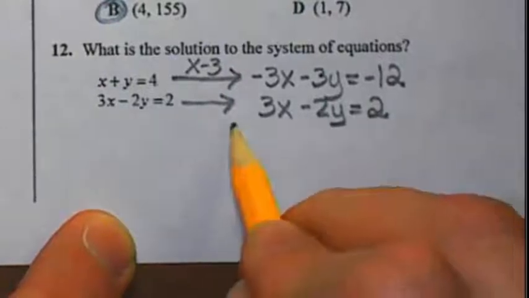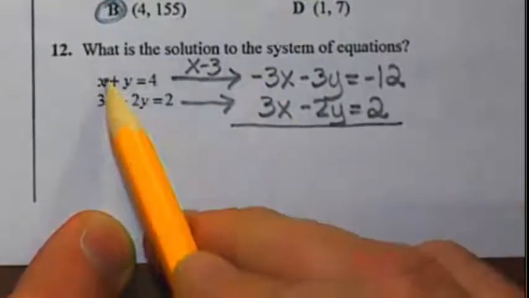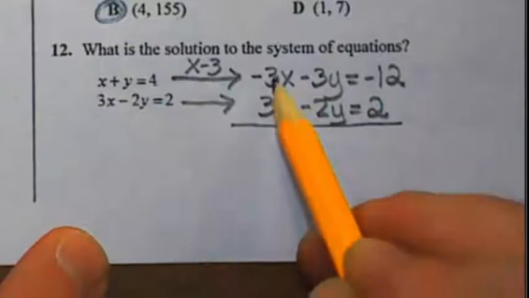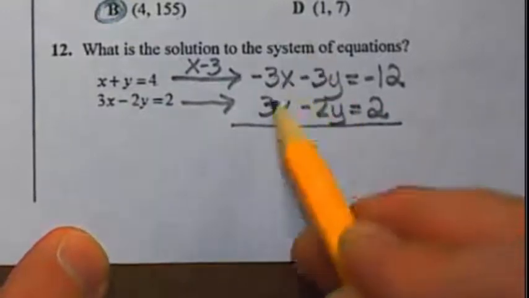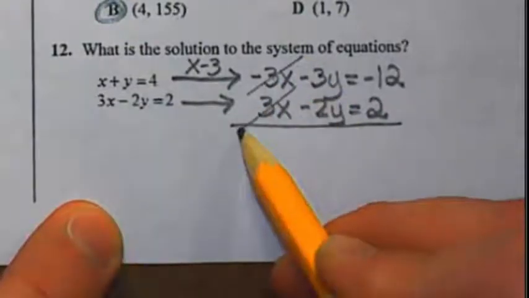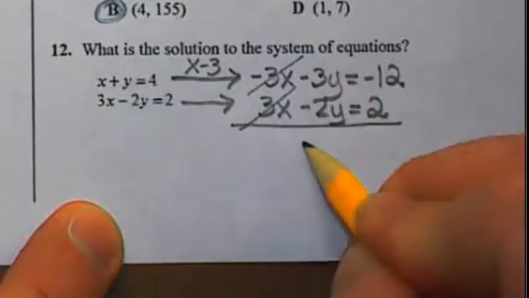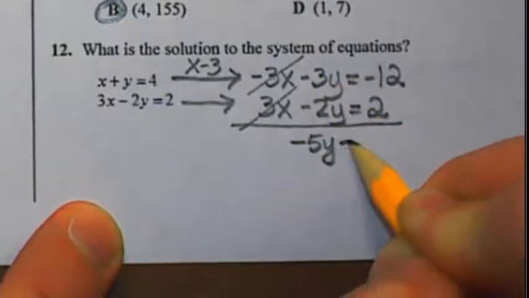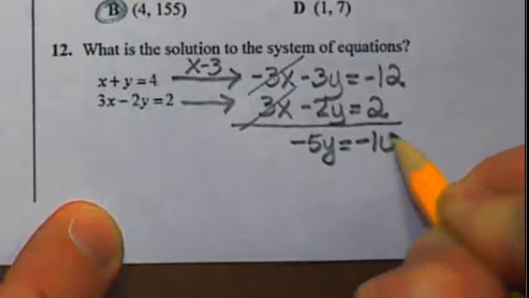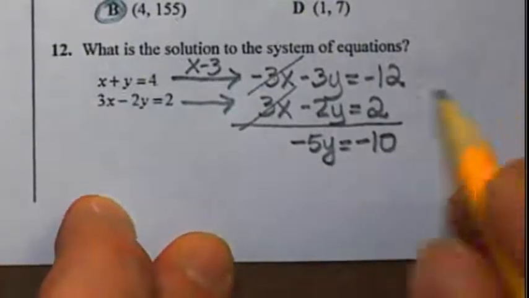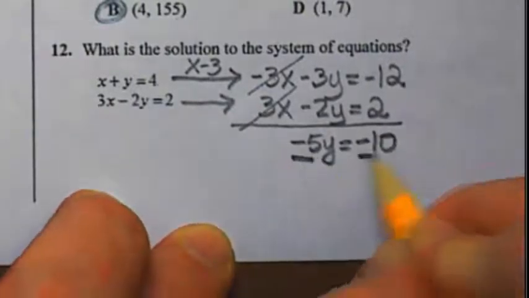But what happened is, before I could not cancel the x, but notice right now, I can cancel the x's. So with that, I'm going to get -5y equals -10. Now I'm going to divide both sides by -5.